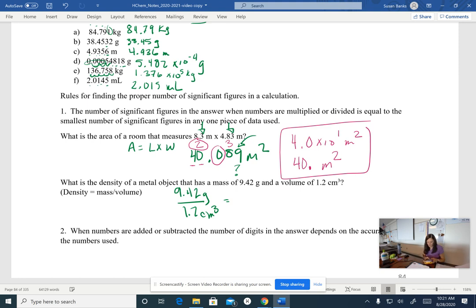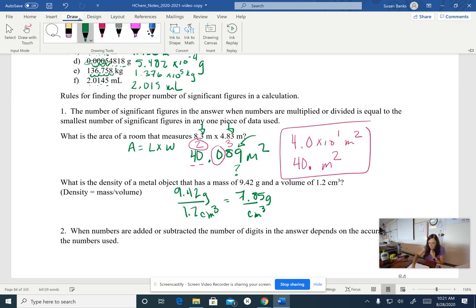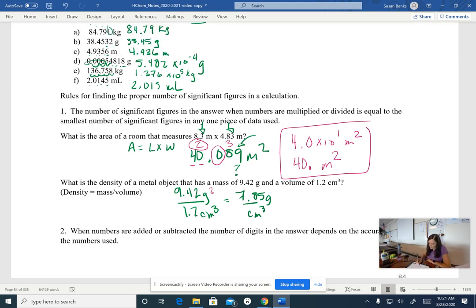9.42 divided by 1.2, I get 7.85 grams per centimeter cubed. Now, we need to look at the amount of digits that we have. I've got 3 digits with this number, and I've got 2 digits with this number.